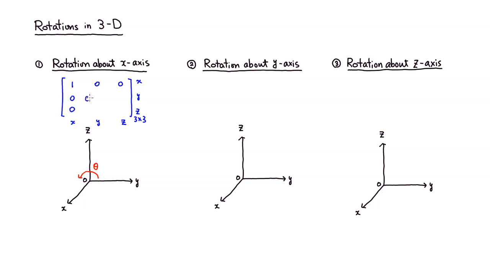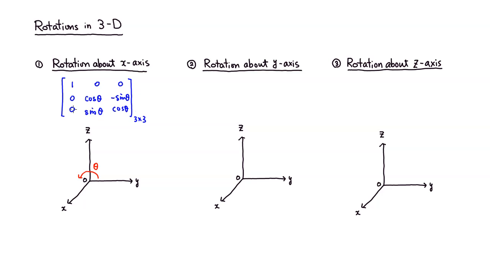You have a cosine of theta here, negative sine of theta, and here's a sine of theta and cosine of theta. As it turns out, this is the rotation about the x-axis. So it's fairly easy. I'm going to erase these so that it looks prettier here.